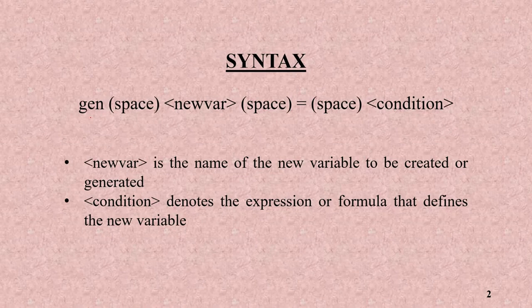It will work similarly. So we first type gen, then give space, then type the name of the new variable we are going to create, then again give space, then put an equal sign, then again give space, and then write the condition, that is the expression or formula that defines the new variable we are going to create.